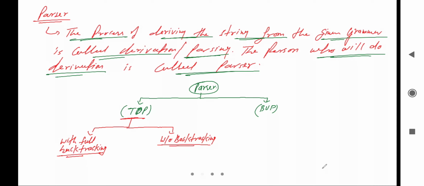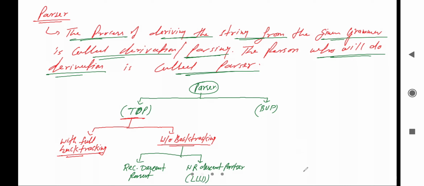Again, the one without backtracking is of two types. One is the recursive descent parser, or it can be the non recursive descent parser, that is the LL1 parser. Right, that is LL1 parser.